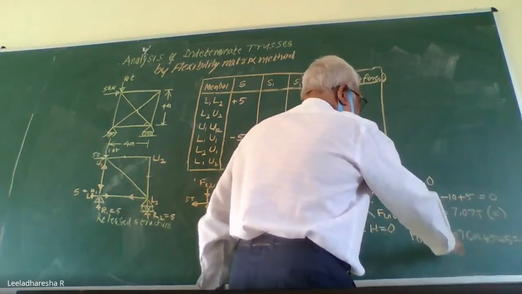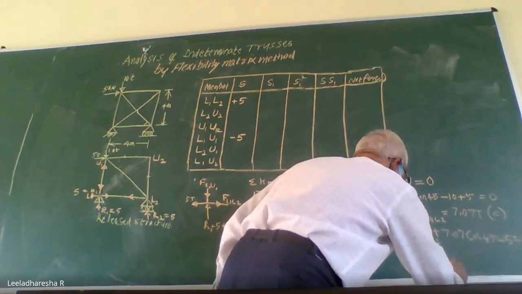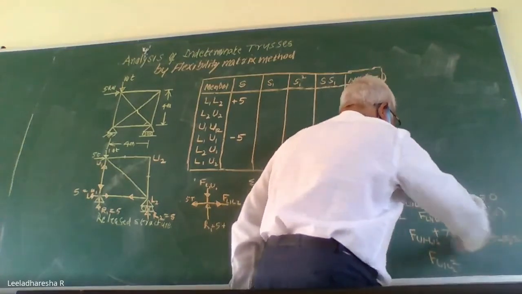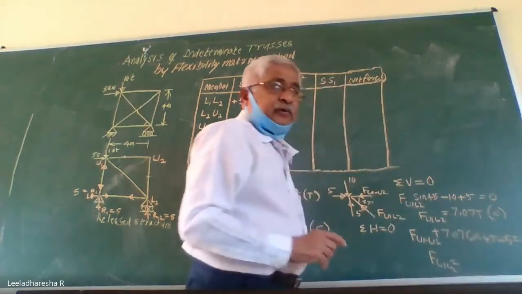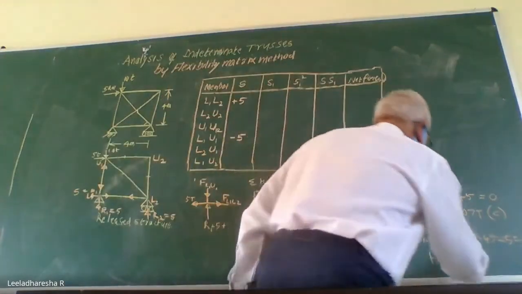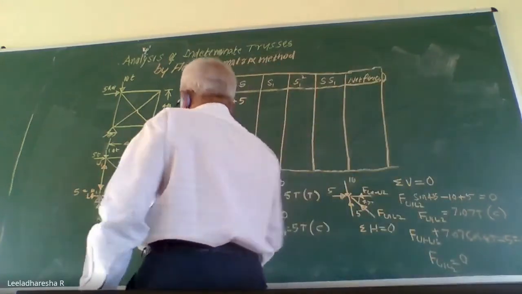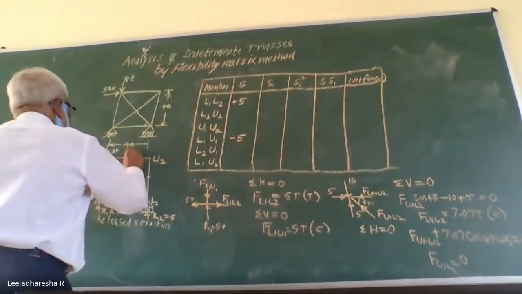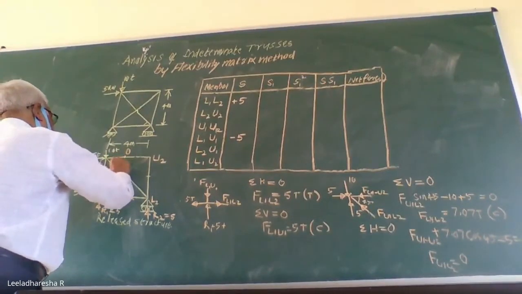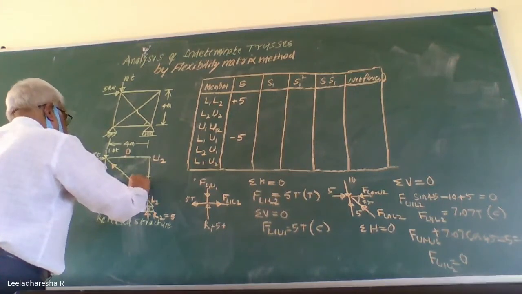So F U1 U2 is equal to 5 minus 7.07 cos of 45. 7.07 cos of 45 works out to be 5. Therefore, F U1 U2 is equal to 0. So coming to this figure, this is a zero force member and this happens to be a compression member.